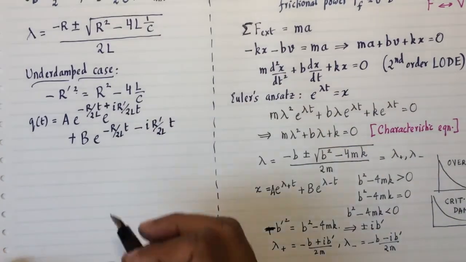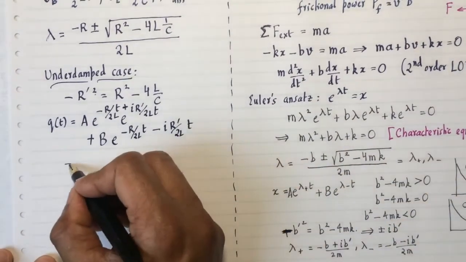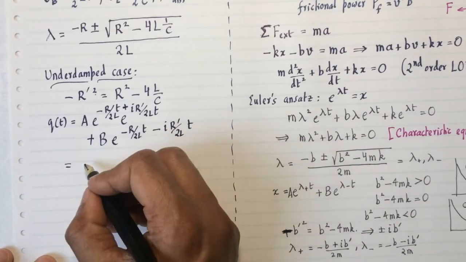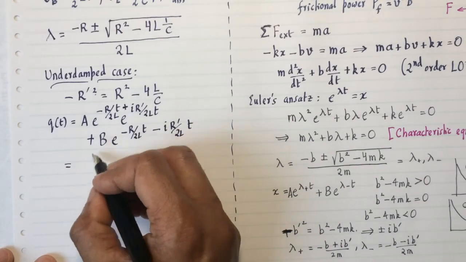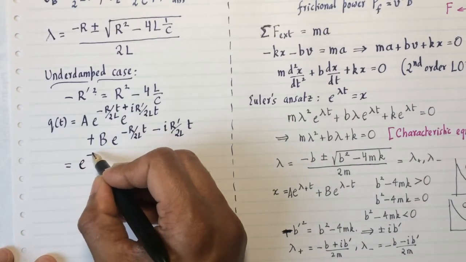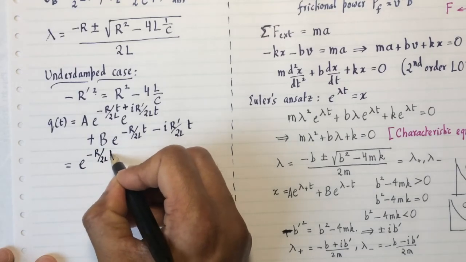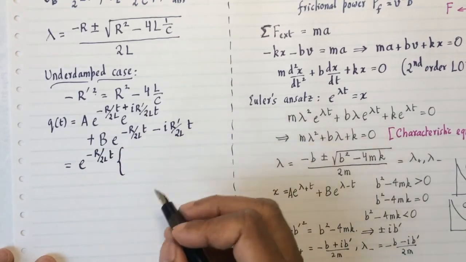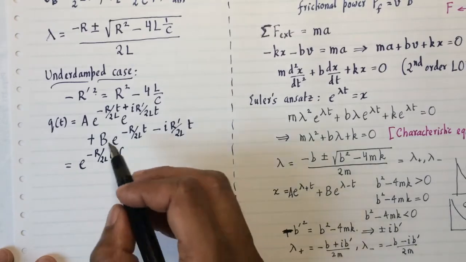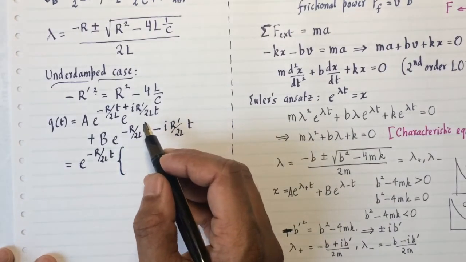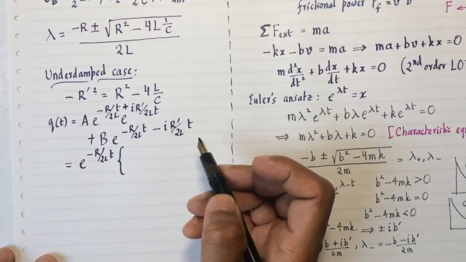That's our full solution. It looks kind of weird, so I'll take e to the minus r over 2L times t outside as a common exponentially decaying factor, and then here I'll make the executive choice to write it in terms of cosine and a phase.